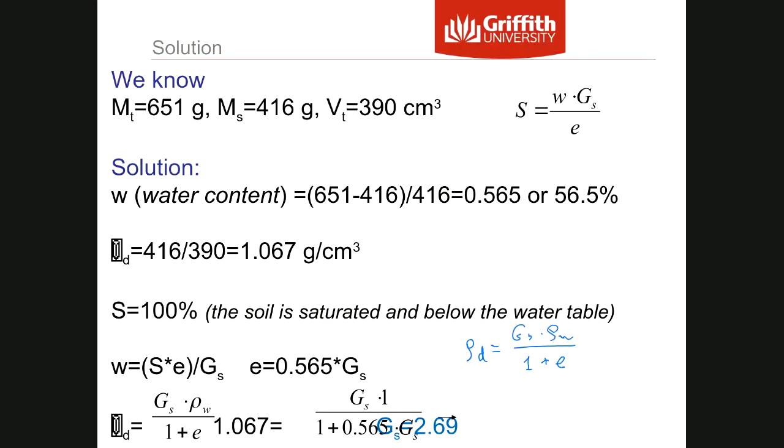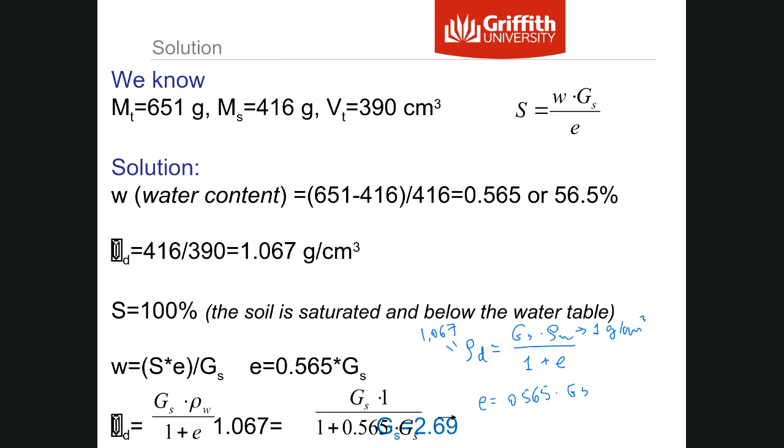What we will do now is, we know that dry density is 1.067. We know that density of water is 1 gram per cubic centimeter. And we know that void ratio is equal to 0.565 times specific gravity.